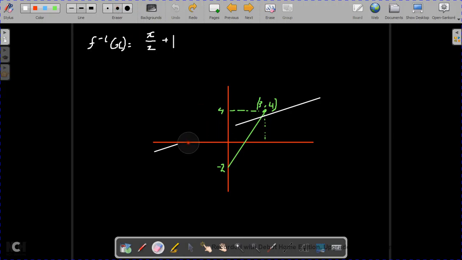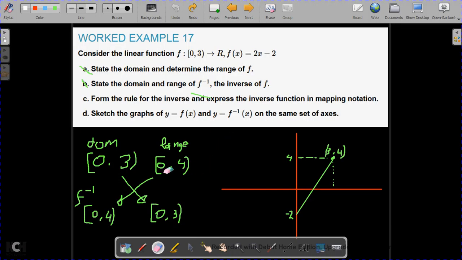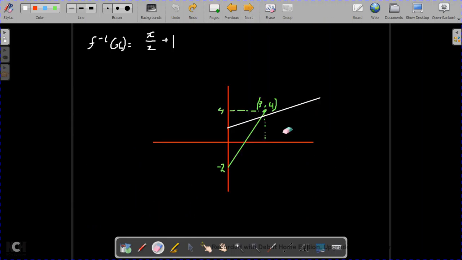So it goes from 0 to 4. Not a very good diagram, but 0 to 4, and then 0 to 3, which is what we have. So it looks something like that.